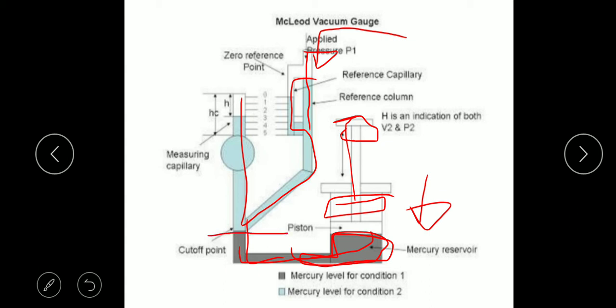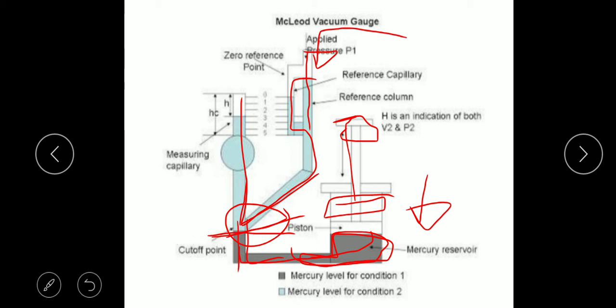Now the mercury has come to this position where the unknown pressure has three ways available: at the top, the side, and one more. So this is the point where we can block the pressure. That point is nothing but the cutoff point where we can block the unknown pressure.